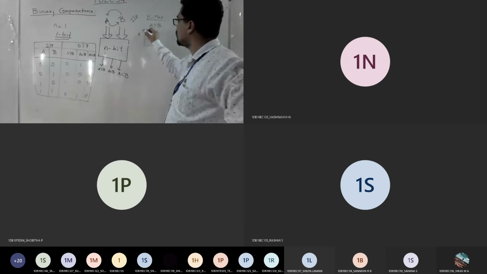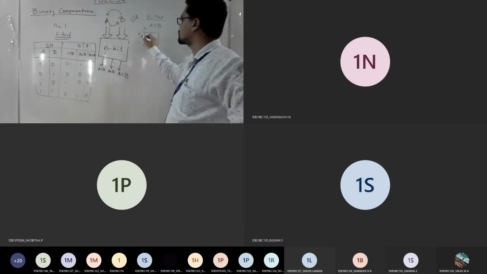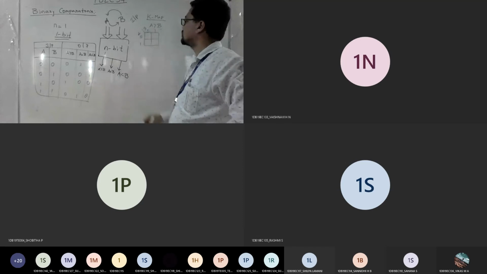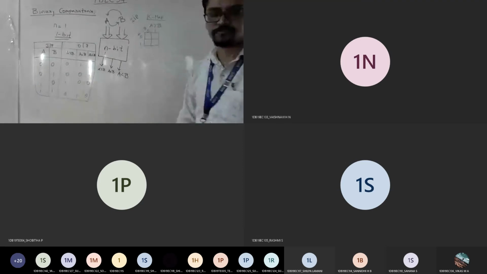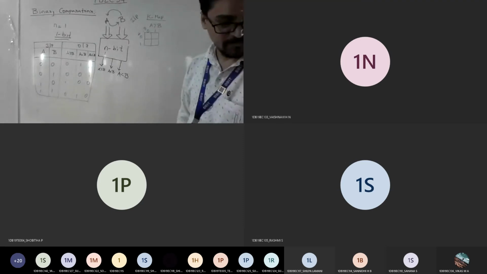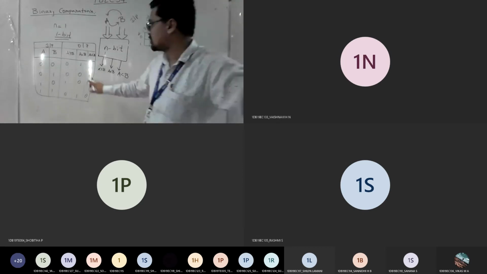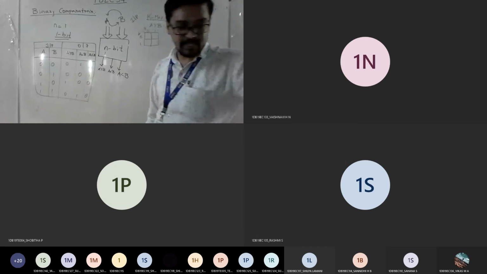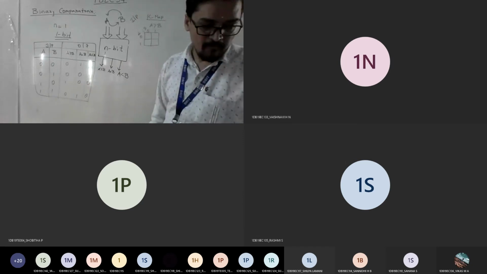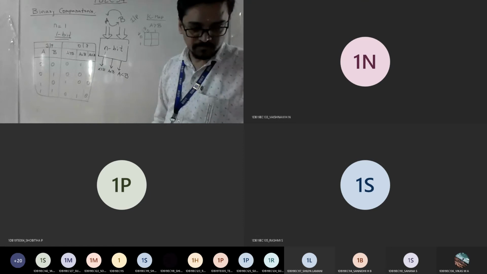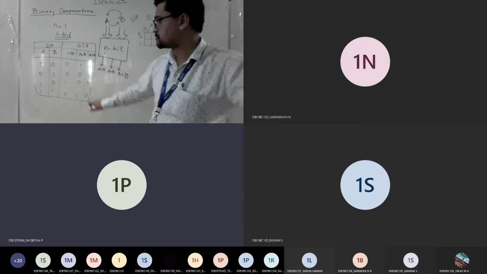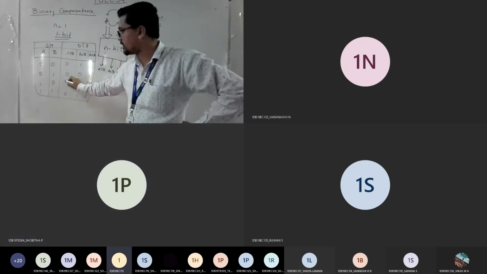One is A, one is B, so you have combinations 0, 1, 0, 1. Now tell me where I should fill. For A greater than B, how many ones do you have? You can look here. Only one, right?